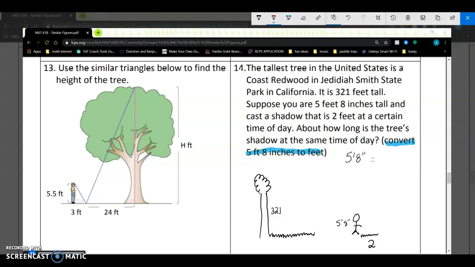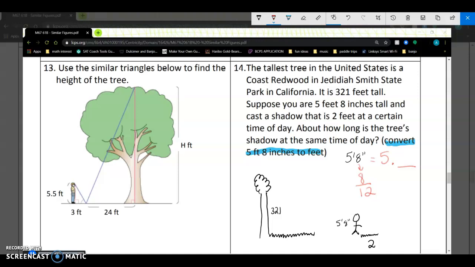The way we do this, remember the whole number is 5 here in feet, and then we add to that a decimal value. The way we find this decimal value is we take our inches and we divide it by the number of inches in a foot, which is 12. So 8 divided by 12 is 0.6 repeating.